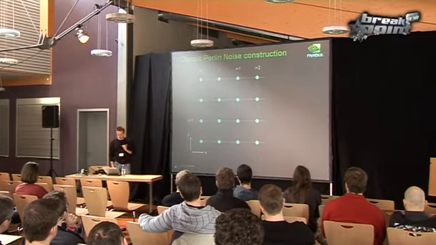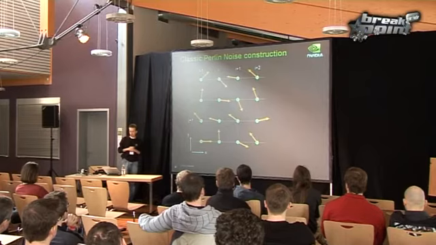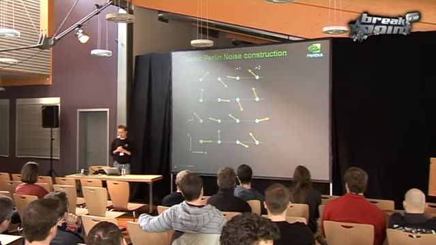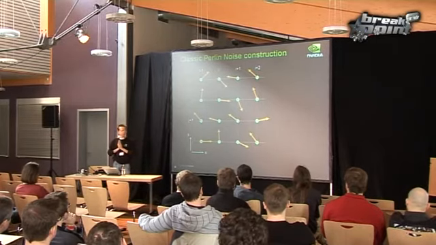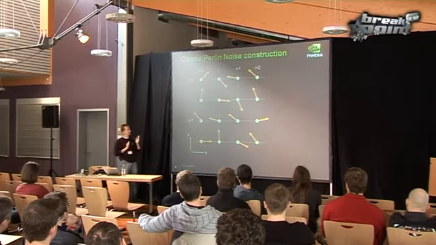Then at each grid node, we define a pseudo-random unit length vector. So the length is unit, but the directions are random. Basically, these vectors define the direction of maximum change of our noise function. So it is a gradient vector of our noise function.